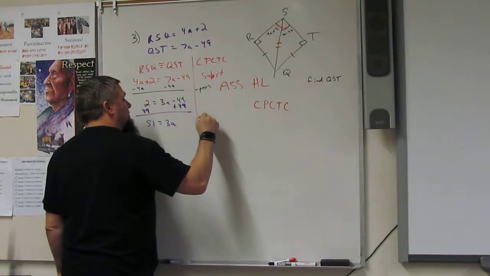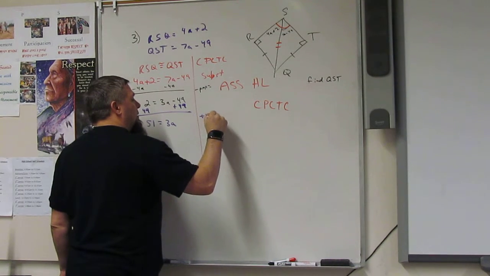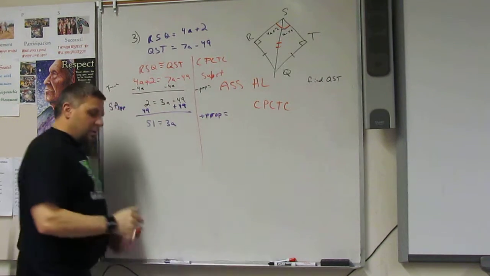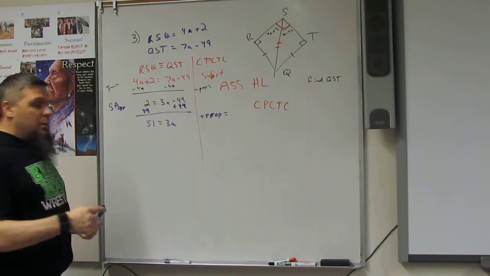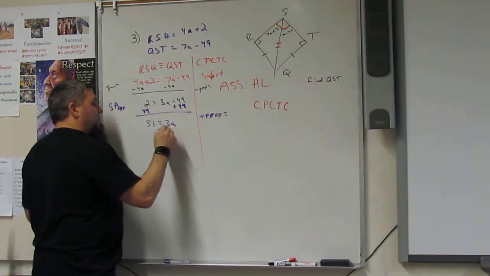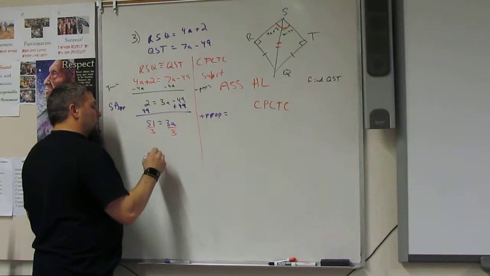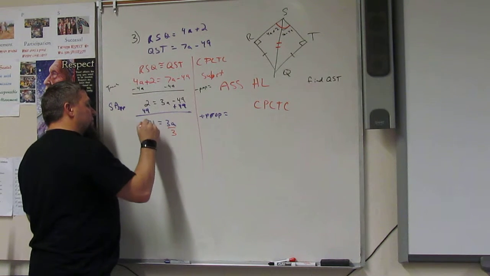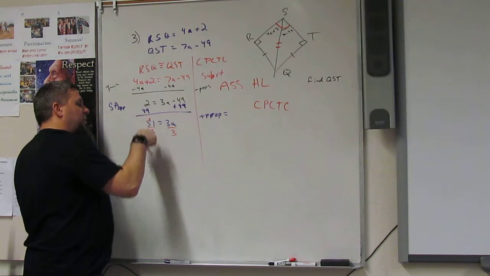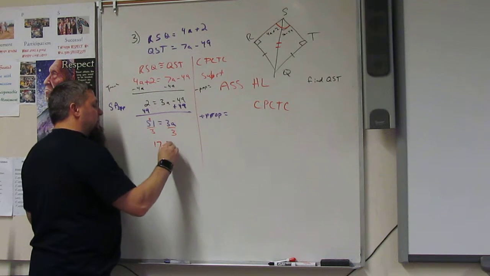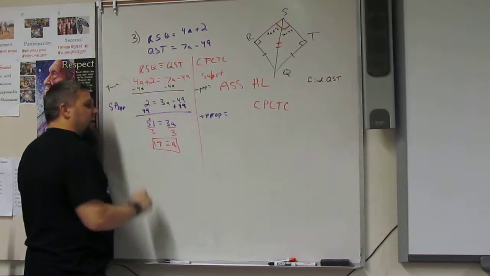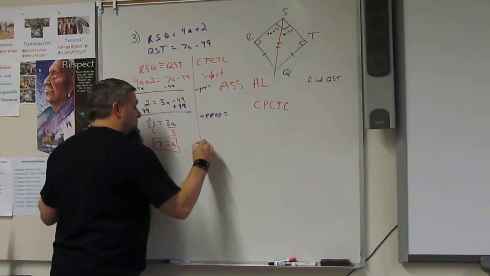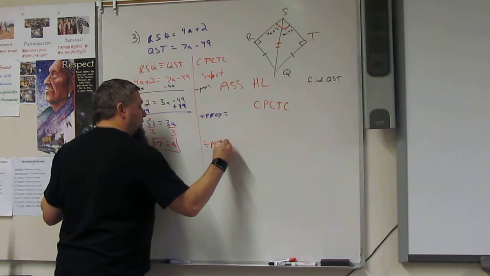Again, addition property of equality. Next step, divide by 3. So 3 goes into 5 once with 2 left over. 3 goes into 21 7 times. So a is 17. Division property of equality.